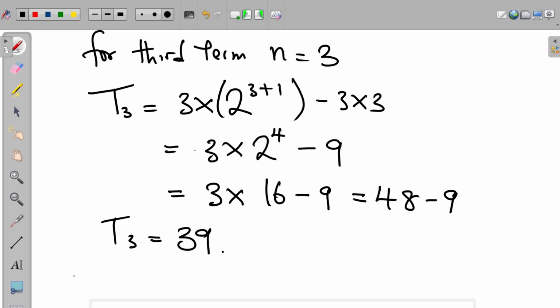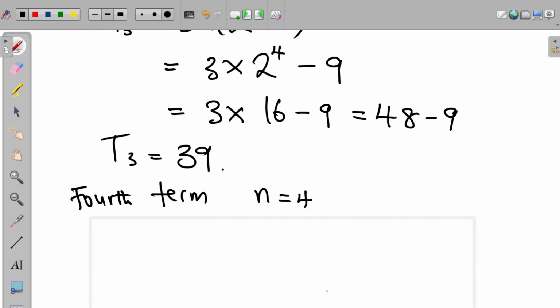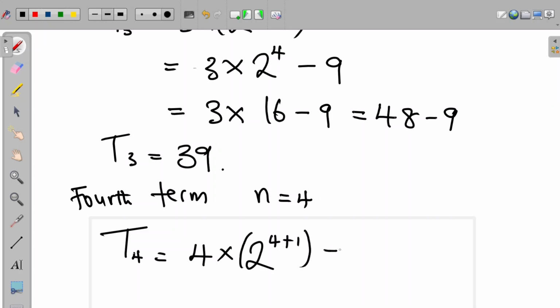Thus, for the fourth term, we have that n is equal to 4. So from our formula, the fourth term is equal to 4 times 2 to the power of 4 plus 1, including the bracket, minus 3 times 4.